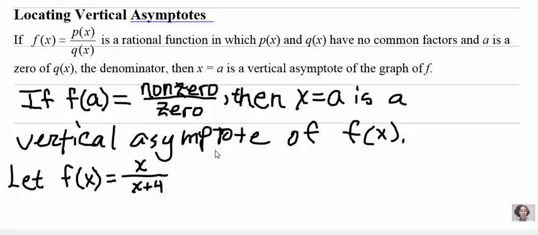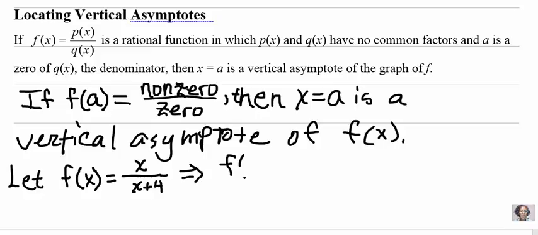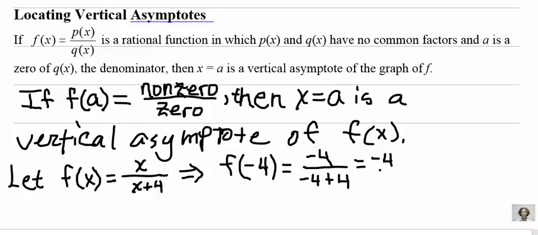Let's look at this example where f of x equals x over x plus 4. Now notice that f of negative 4 equals negative 4 over negative 4 plus 4. So that gives me negative 4 over 0.